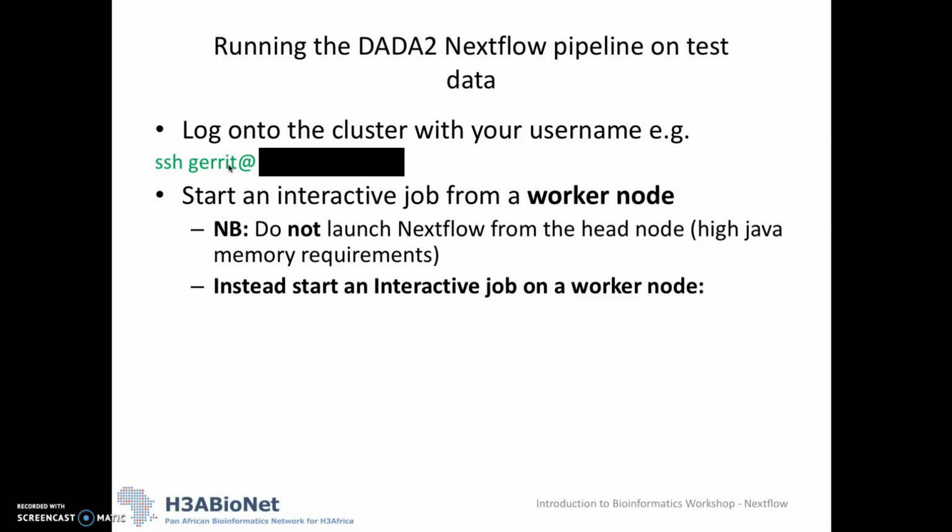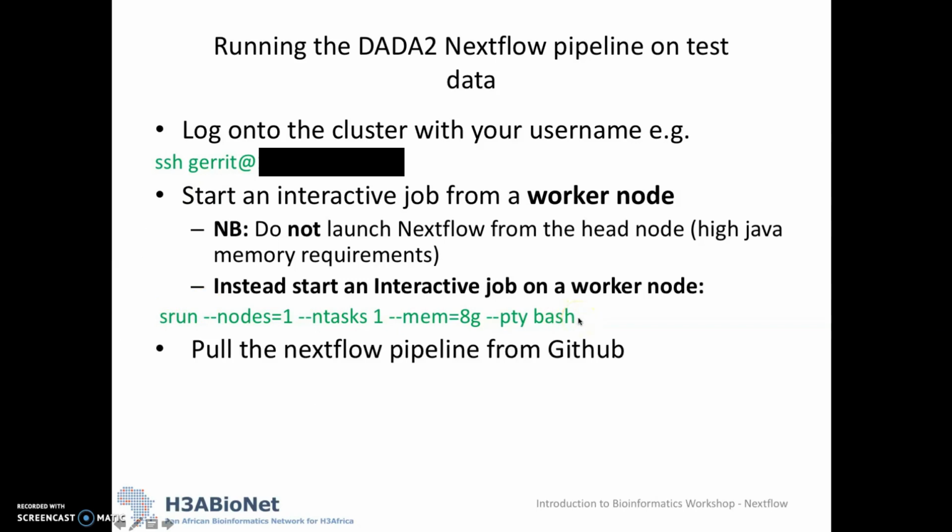And so we rather start an interactive job from a worker node and then launch our pipeline from there. To start an interactive job, you can use the srun command, and you'll use one node, one task. So you can literally just copy and paste this line over here. And then we're going to pull the Nextflow pipeline from GitHub, the one that we just had a look at.